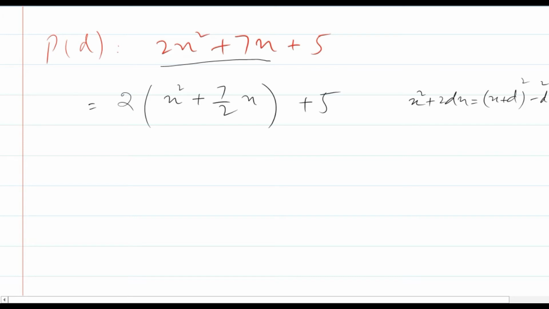2 times [(x plus 7 over 4) whole square minus (7 over 4) square] plus 5.